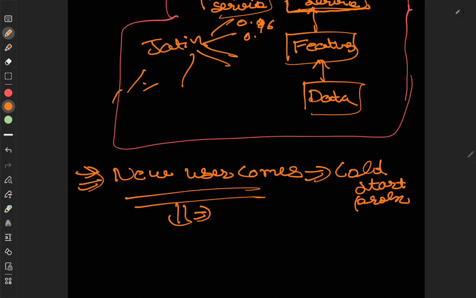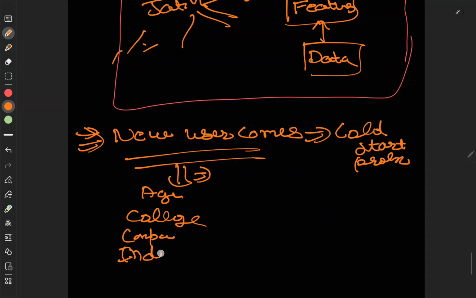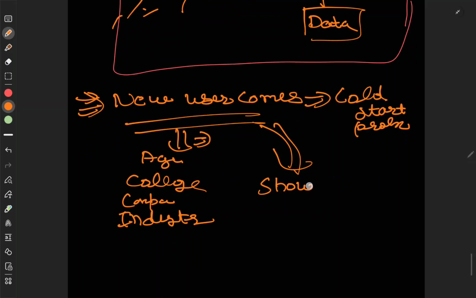He won't have anything other than basic details like his age, college, company, industry. See, the first thing is, as soon as a new user comes, you show him the most popular users. This is pure logic, nothing else. Show him the most popular people on the platform.